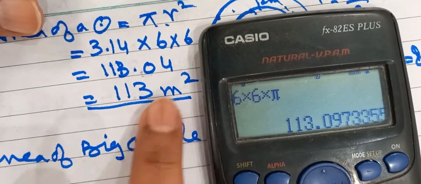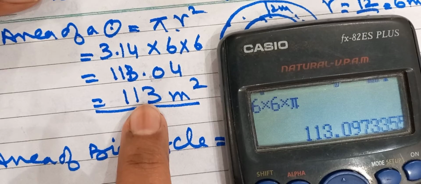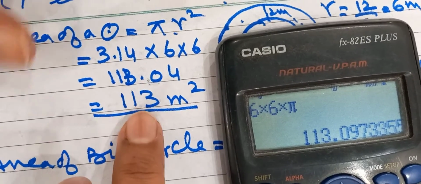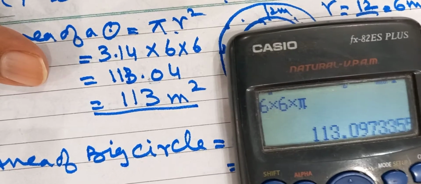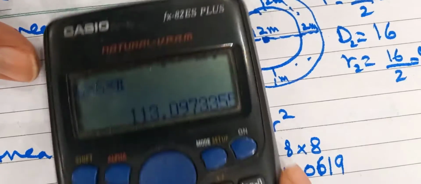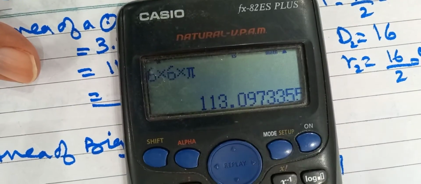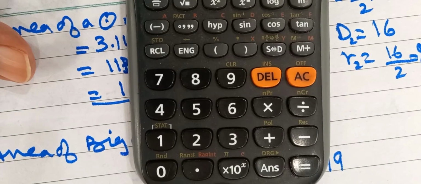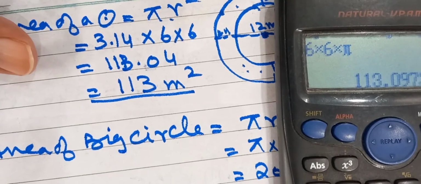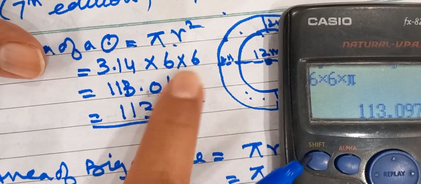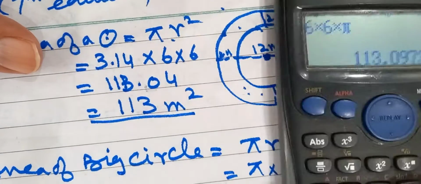So instead of 113, the area of the inner pond is 113, which is also correct, but as we have to find the cost, I have used the full value of pi from the calculator and multiplied it with 6 into 6, and what I get is 113.0973.